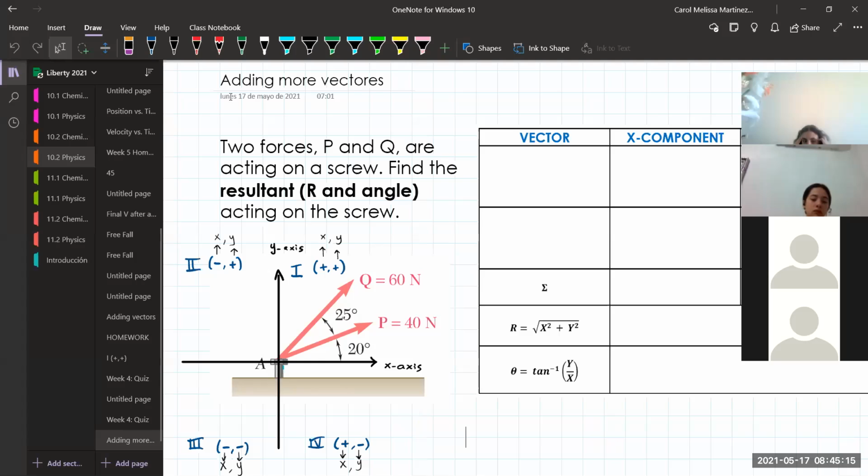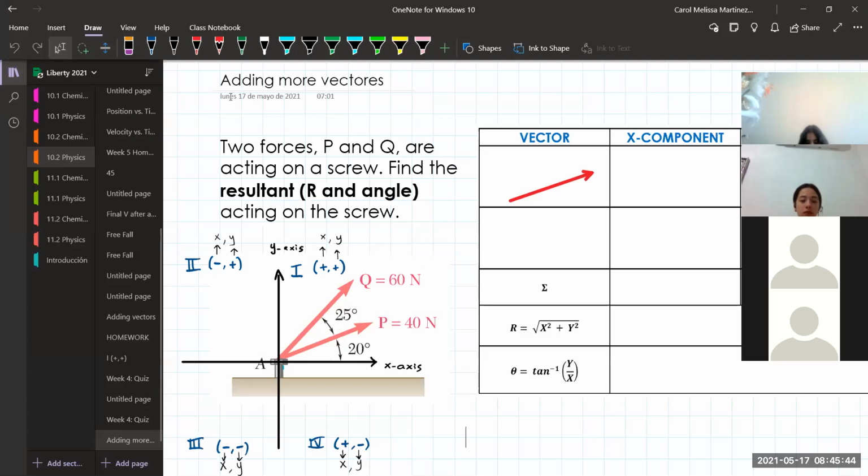Now, another thing that I want to show you is that this kind of exercise is done almost the same way as I explained to you last week. In the vector column, what I'm going to place are the vectors. So here, I'm going to draw my two vectors.